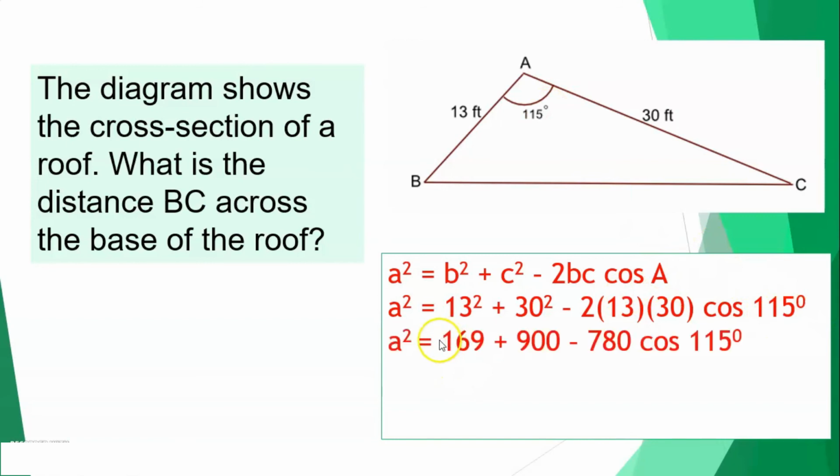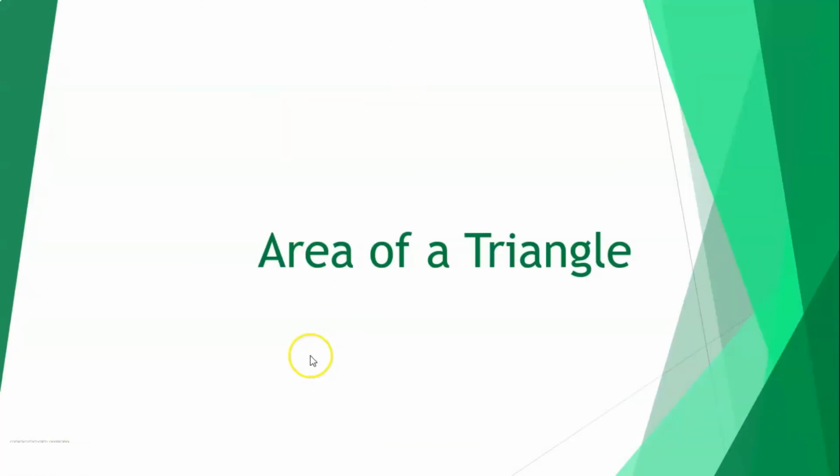So making use of your calculators, we will simplify this: 169 plus 900 minus 780 cosine 115 degrees. So we will end up with 1,398.64, getting the square root of both sides. So the value for A is 37.4 feet. So with this, across the base of the roof, the distance is 37.4 feet.